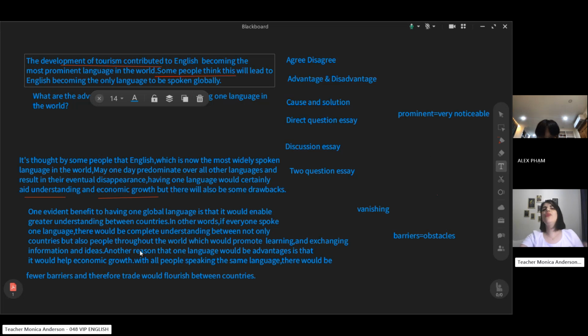Okay, I give you the clue and I want you to write. Let me give you some clues to help you. Let's talk about drawbacks. One of them that is really obvious: some local languages, all the languages as we discussed in our introduction, finally disappear. And of course, along with them, what will happen?